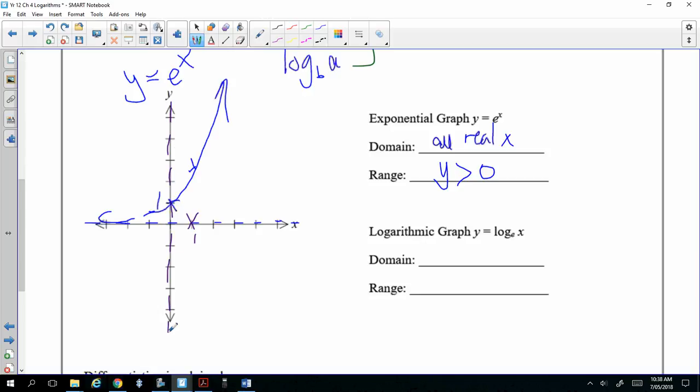So we know ln e is 1, so e is about 2.7, so that's e, it's 1 here, right? So we'll see that the domain is x positive and the range is all real y.